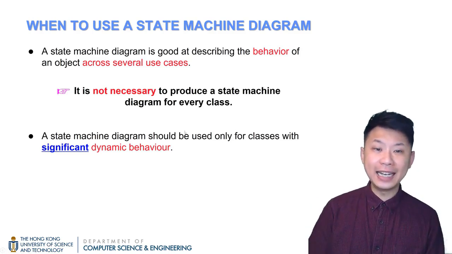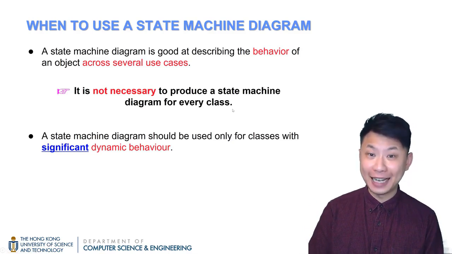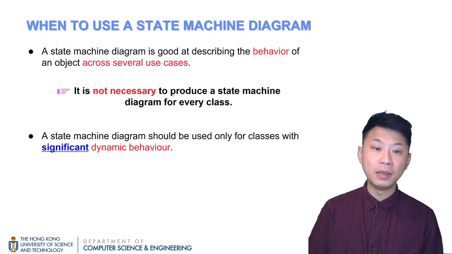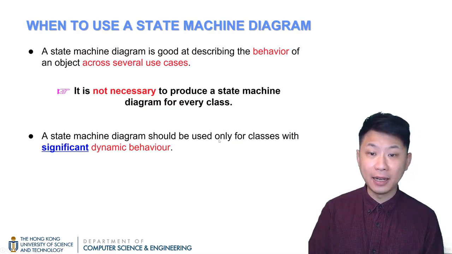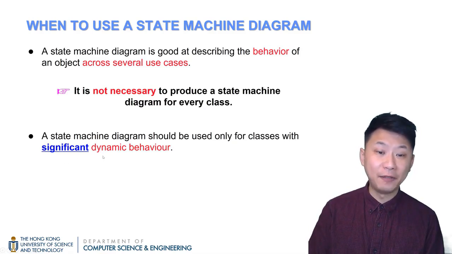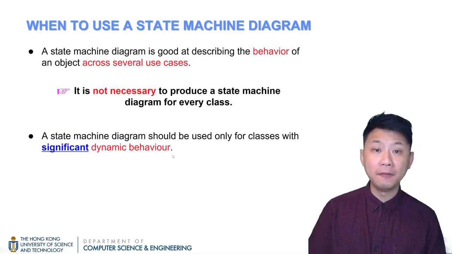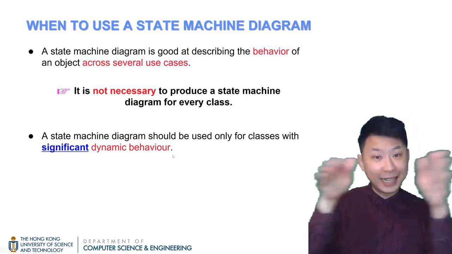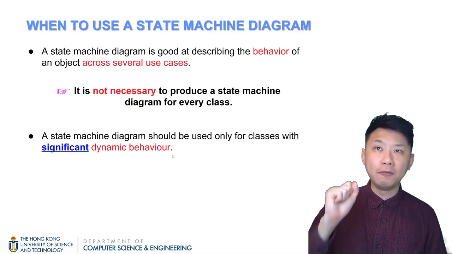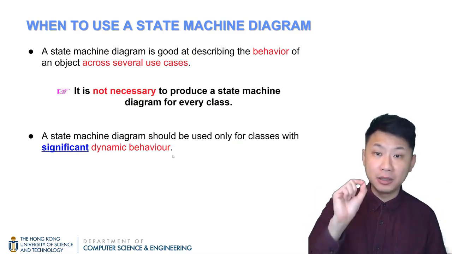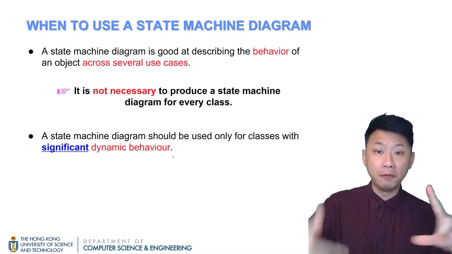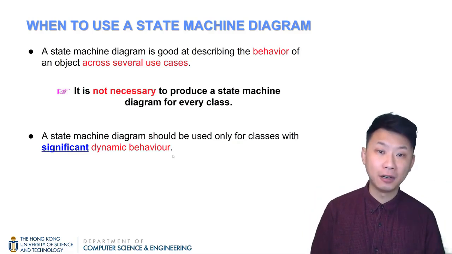So that's why here I say that it's not necessary to produce a state machine diagram for every class within the program. But we should draw a state machine diagram for classes with significant dynamic behavior. If the behavior within the object is complicated, then we may have to draw a state machine diagram to clarify the behavior within the object. And that's all I want to cover in this lecture.